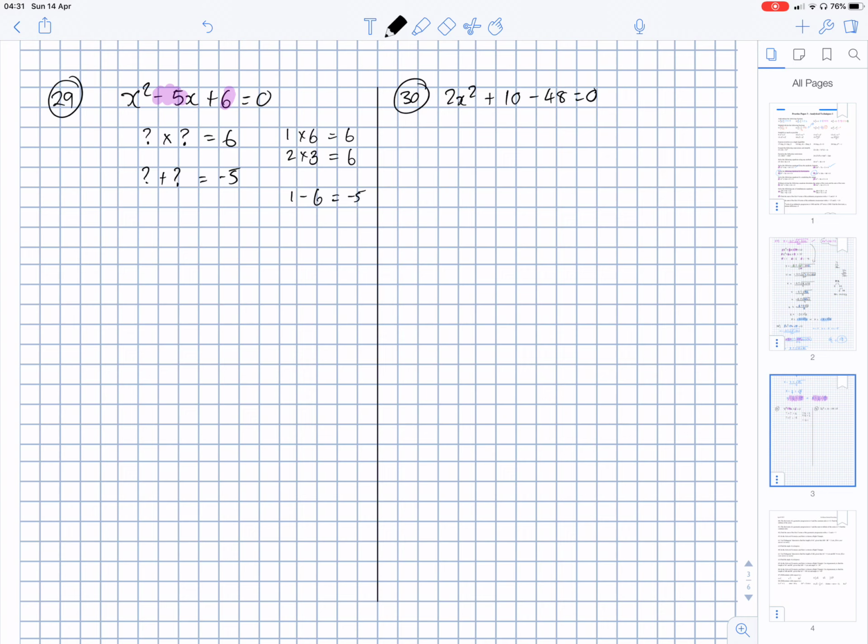If I put a minus 6 and multiply it by a positive 1, I get minus 6, and the sum is not minus 5, so I cannot use that. But I can use minus 2 and minus 3, because that gives me minus 5, and multiplying two minuses gives a positive 6. So this is what I need.